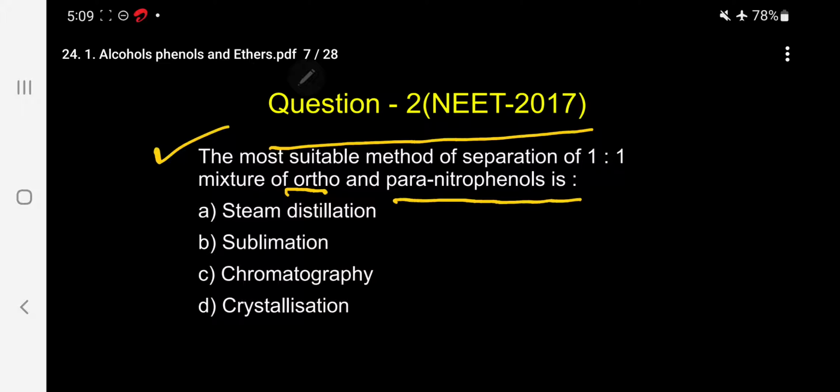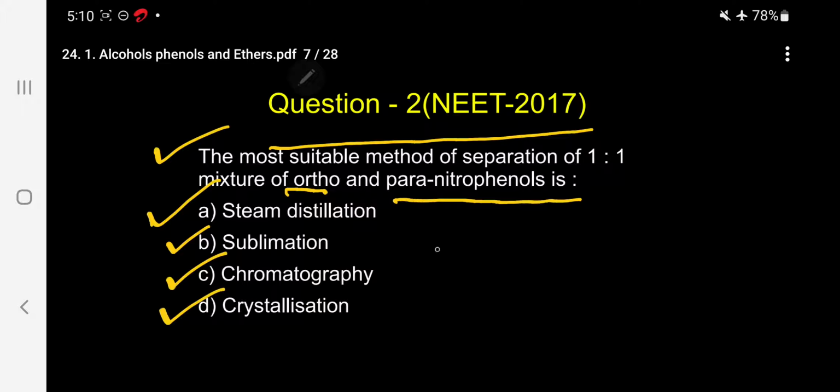What you must know first is the structure of ortho and para-nitrophenol, and what is the characteristic of their properties? Then only you will be able to understand. Options are A. Steam distillation, sublimation, chromatography, and crystallization. Which is the most suitable method of separation of a 1:1 mixture of ortho and para-nitrophenol?